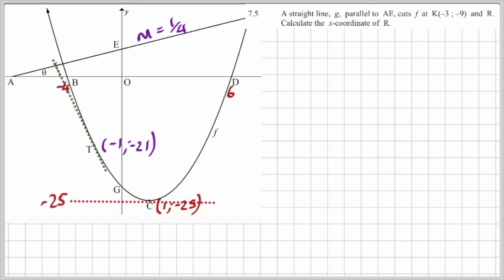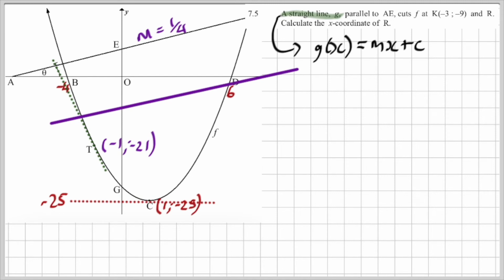So let's interpret the question before we go too far. They say I've got a straight line for g(x), so g(x) is some kind of straight line with an equation y equals mx plus c. But they also tell me the word parallel to AE, so I know the gradient of those two lines must now be the same.